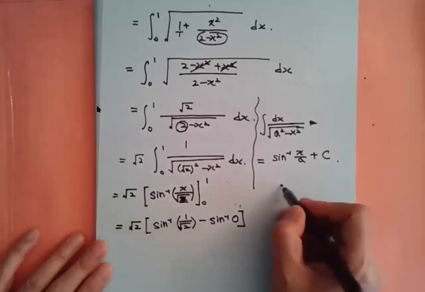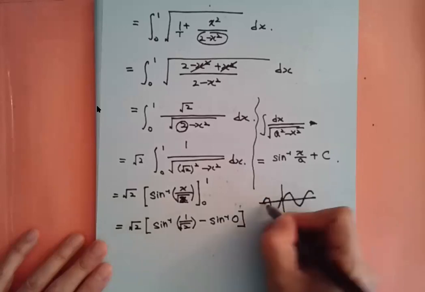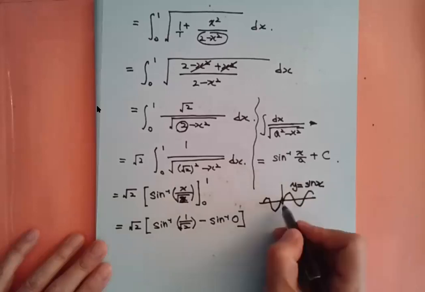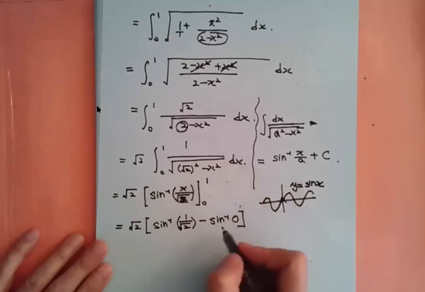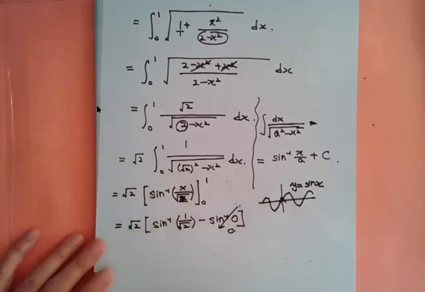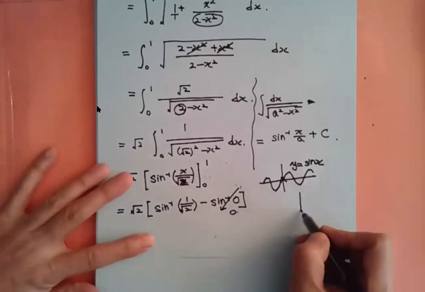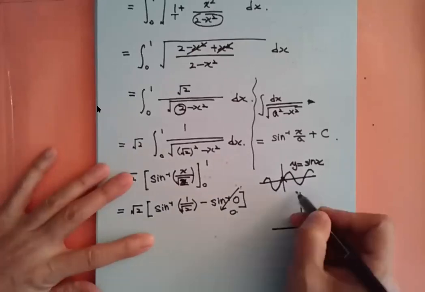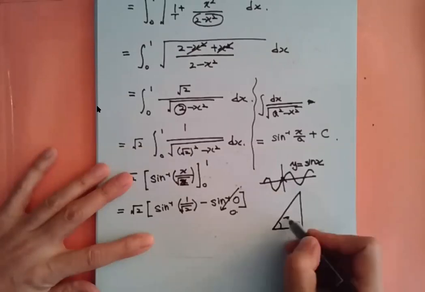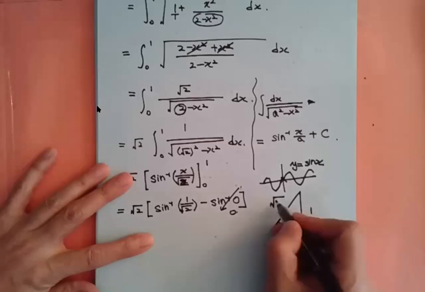We know the graph of sine looks like this. Sine inverse of 0 is 0. And we have to evaluate sine inverse of 1 over square root of 2. We consider a 45, 45, 90-degree triangle, which looks like this.